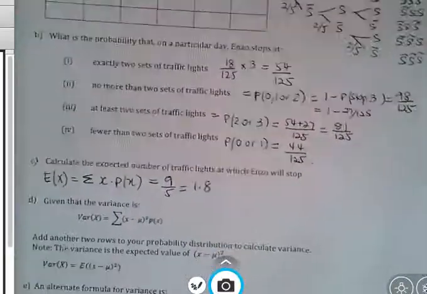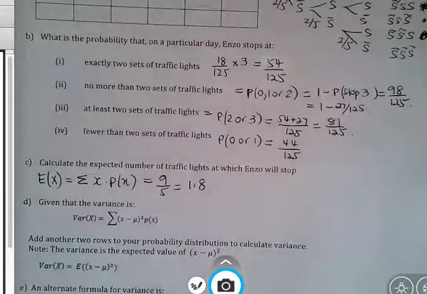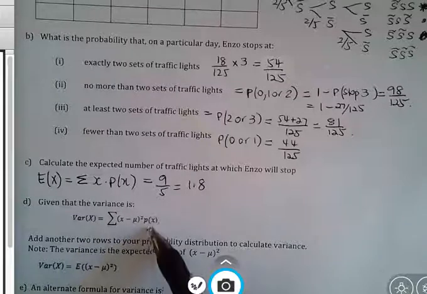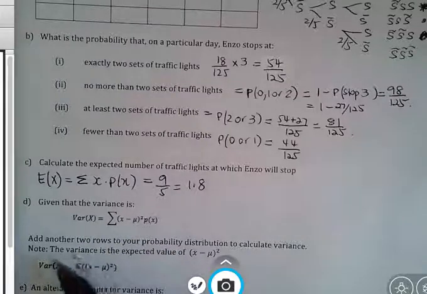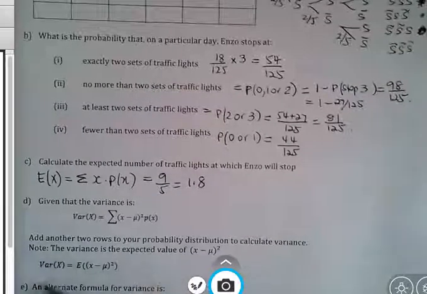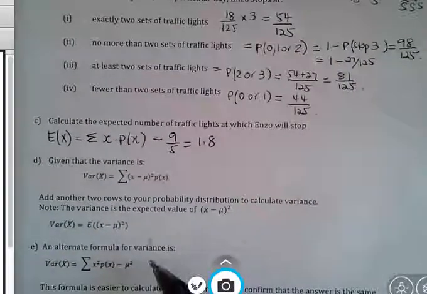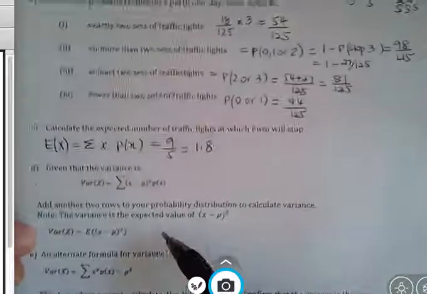Notice that that is not a whole number. So given that the variance is the sum of x minus mu squared times probability of x, it's saying to add another 2 rows to the probability table to calculate the variance. So remember, the variance is the expected value of x minus mu squared. So we're just going to do that.